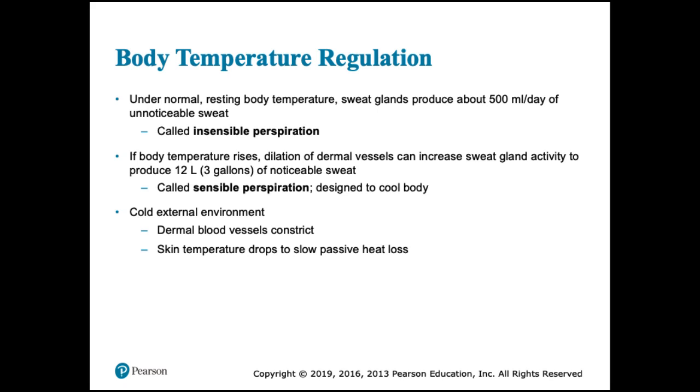We call this sensible perspiration, and that's designed to cool the body. This cooling can be referred to as evaporative cooling as well. Even when you don't sweat, you can cause evaporative cooling by putting water on you. But in the cold environment, the dermal vessels start to constrict and the skin temperature drops to slow passive heat loss.